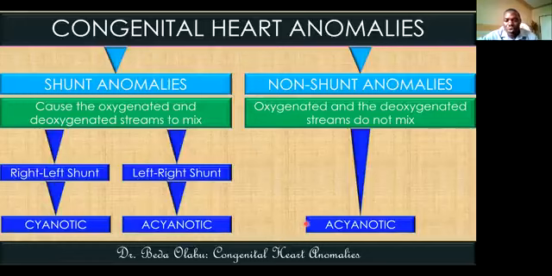But as they go on, if the anomaly was so severe, it can make them have cyanosis for other reasons. But at the time they're being born, they'll not present with cyanosis. So cyanosis in these other babies may come as a secondary factor, either due to an infection or maladaptation. But at the time of birth, they'll not be cyanotic.